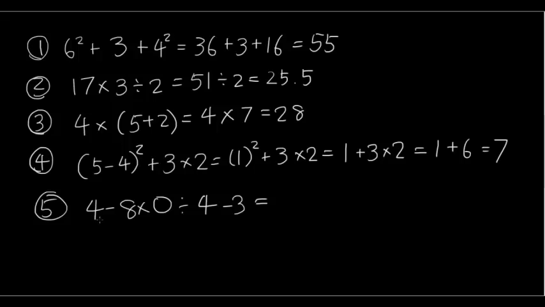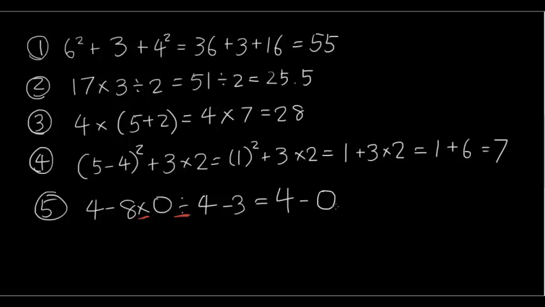Okay, now we have the fifth one. Now this one's slightly more complicated. We have a times there. We have times, divide. Now these two are next to each other. So what that means is we're going to work from left to right. So we're going to go -8 times 0, which is 4 minus 0, because -8 times 0 is 0.